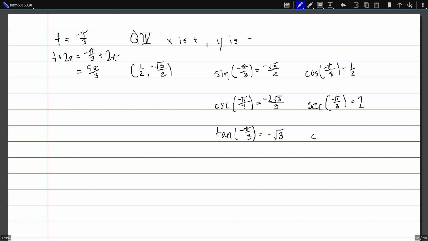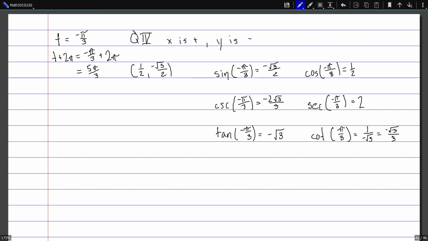And now for our cotangent, we'll simply take the reciprocal. And again, this should kind of be recalled with some of the work that we saw previously. When we got -√3 as the reciprocal of something else, it was because earlier it had been 1 over -√3. All we have to do is rationalize that denominator, so our final answer is -√3 over 3.